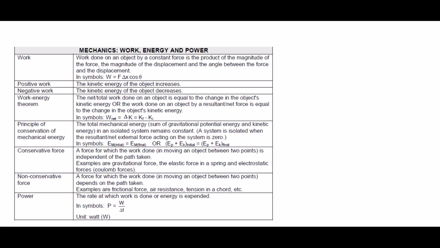Obviously, we need to understand some of the concepts on this topic, like what is work. Work is done on an object by a constant force. What this means is that for work to be done on an object, there must be a force, and this force must be constant.